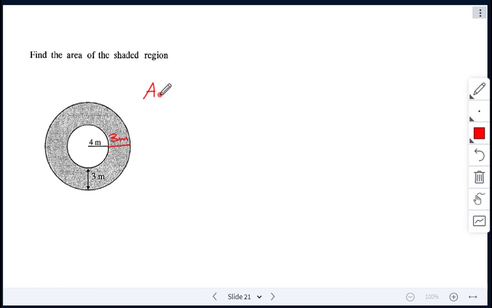So the area of the larger circle is pi r squared. The radius is 7. So 3.14 times 7 squared. That gives me 153.86 meters squared.